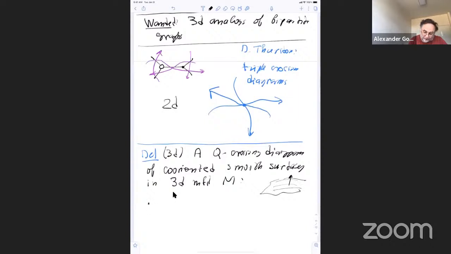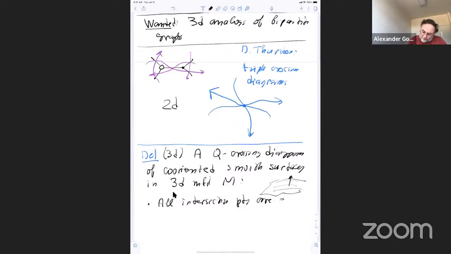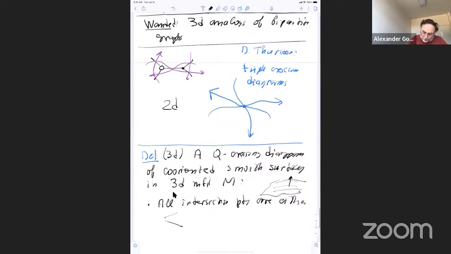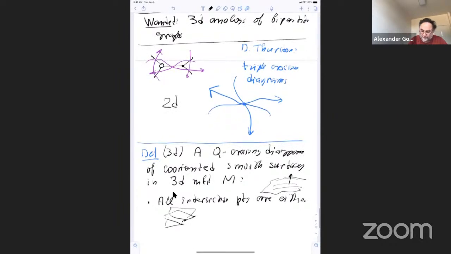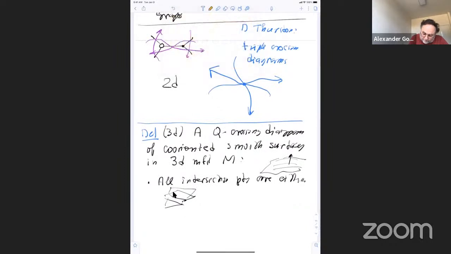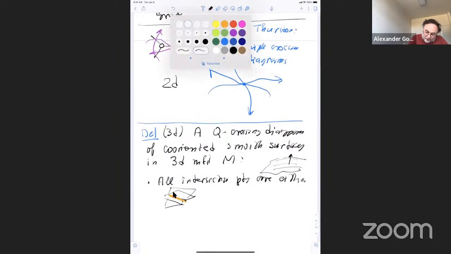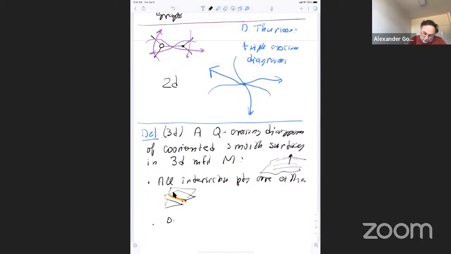And they satisfy the following conditions: all intersection points are either the unavoidable intersections of two planes, like that, or the quadruple intersection points, or isolated points. And then there is an analog of this condition here.